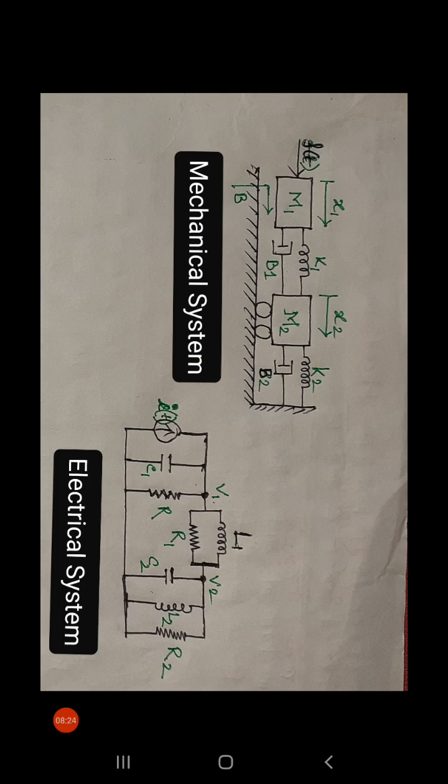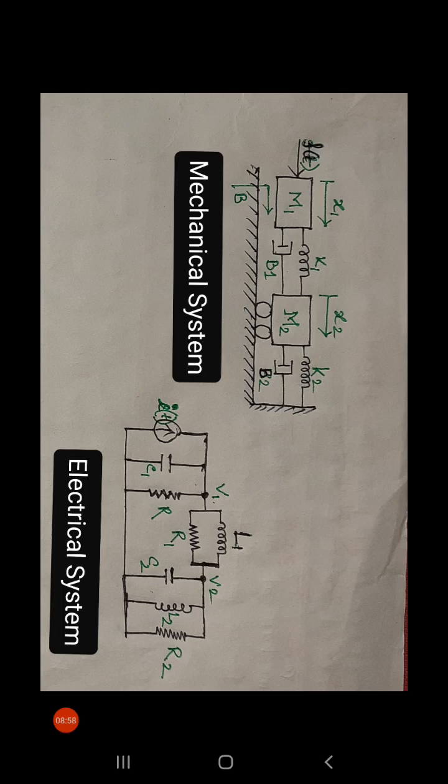The number of mass elements in the mechanical system will describe the nodes in the electrical system. Here we have two masses, M1 and M2, so we will have two nodes in the electrical system.